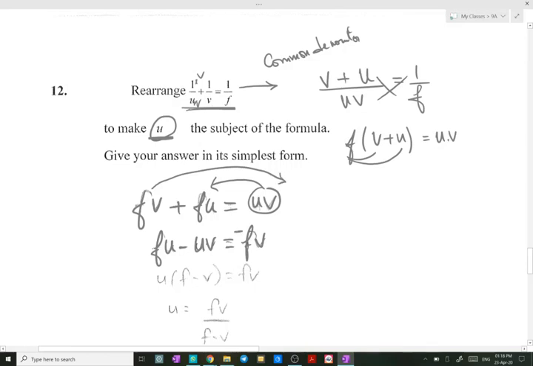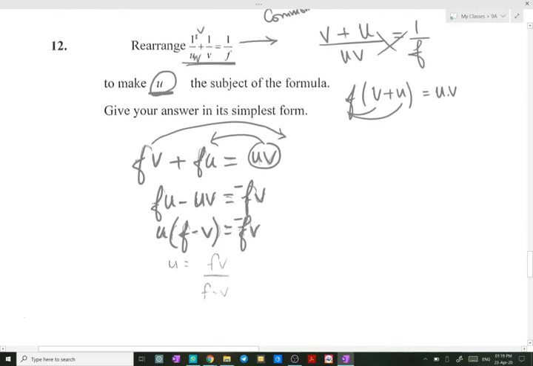So now factorize the u into f minus v equals minus fv. Then we divide by f minus v, so u is equal to minus fv over f minus v.